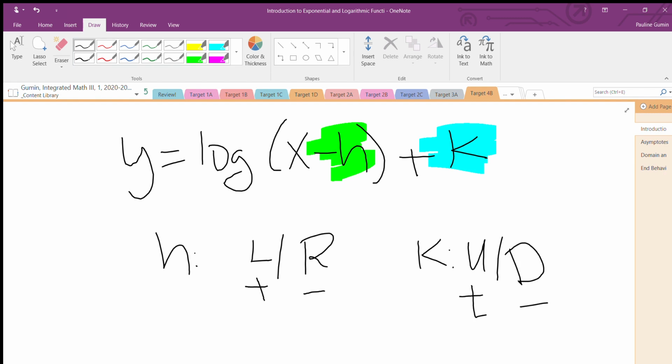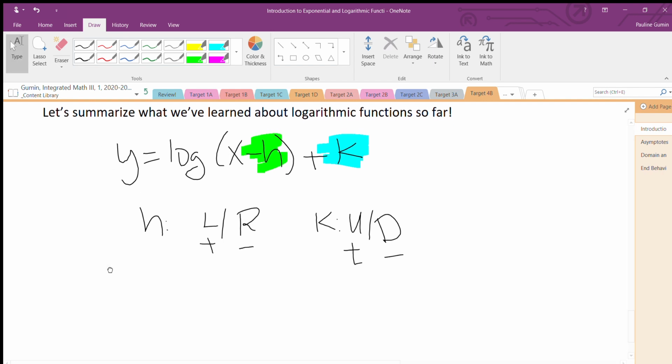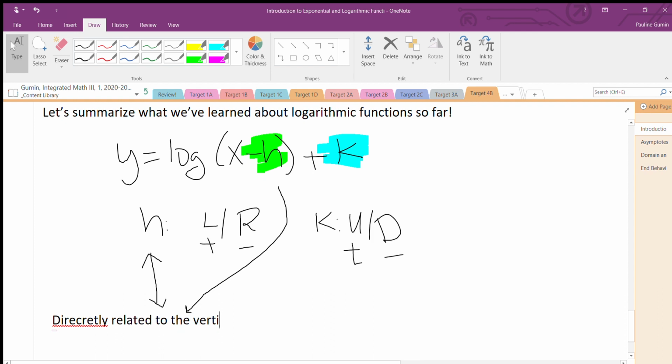It's still plus for up, and down is minus. In this case, however, h is directly related to the vertical asymptote.